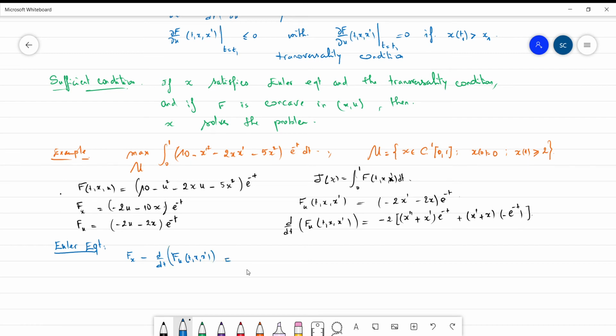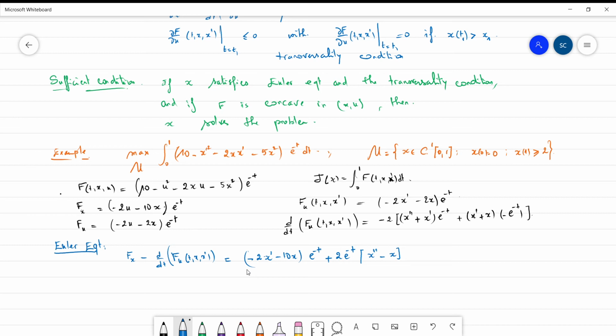So f_x, we said it's minus 2u minus 10x, of course applied at (t, x, x'), so (minus 2x' minus 10x) times e to the minus t, minus d/dt. We found it here, so plus 2 times e to the minus t as common factor, and I will have x'' plus x' minus x' cancel, then minus x. So minus x. Is it that? Yes.